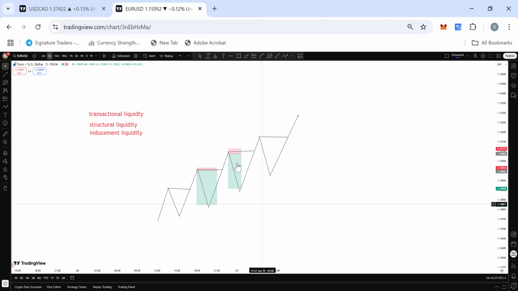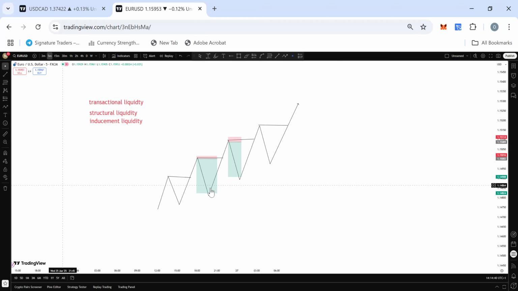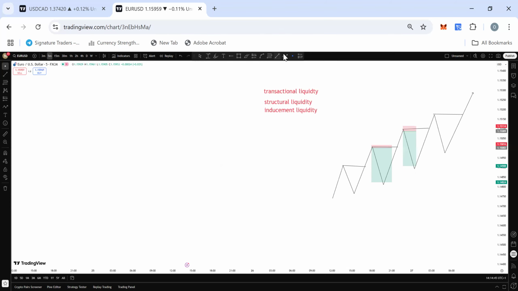So now after transactional liquidity, we also have the second liquidity, which I call the structural liquidity. Now, how do you identify structural liquidity? For example, let me use my own strategy, which I believe everybody here already knows how I trade.